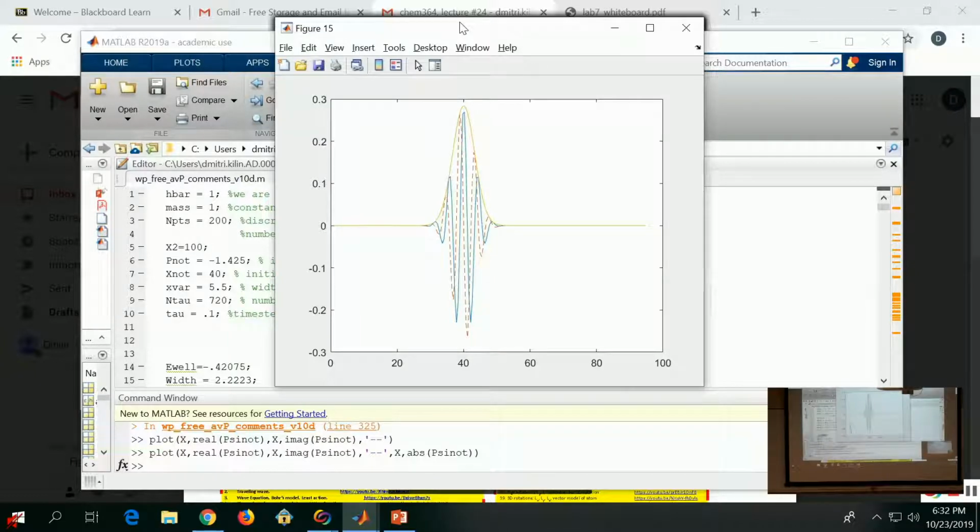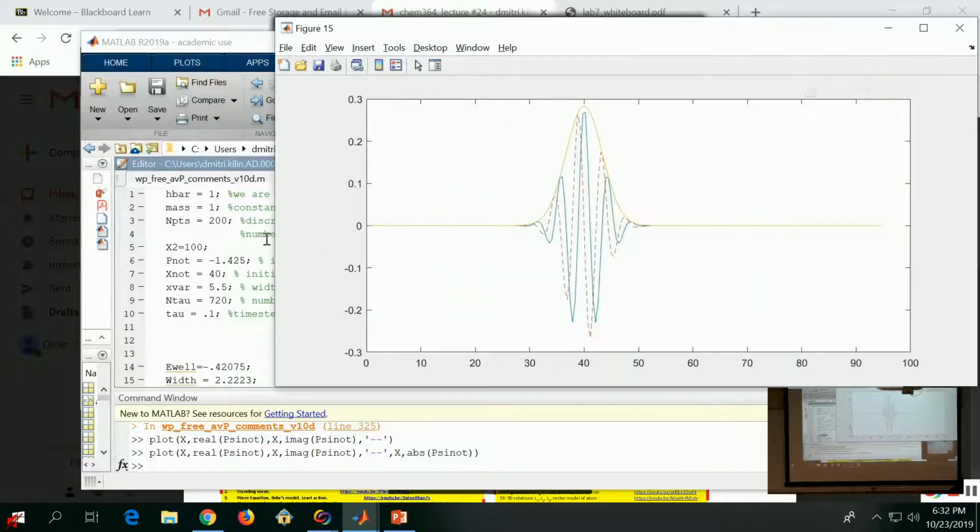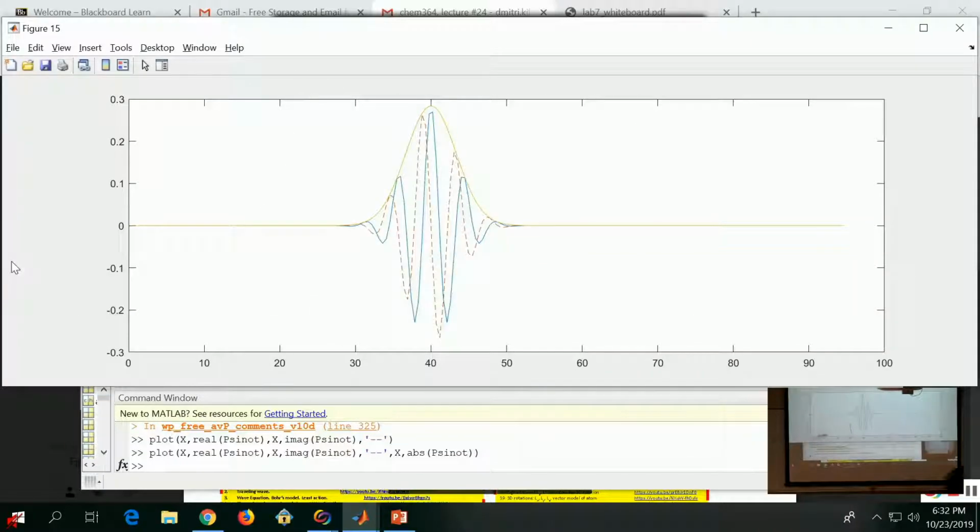Because real and imaginary parts, I'm going to enlarge it. Real and imaginary parts, they are like sine and cosine according to Euler. And if you take sine square plus cosine square, it will give absolute value and provide this absolute envelope function.